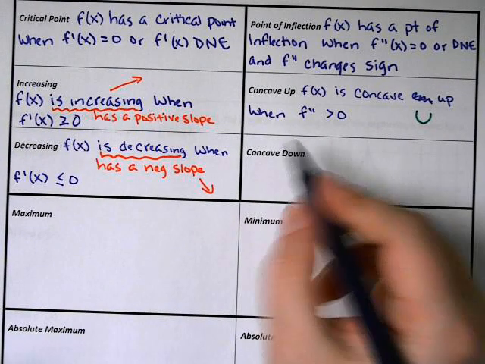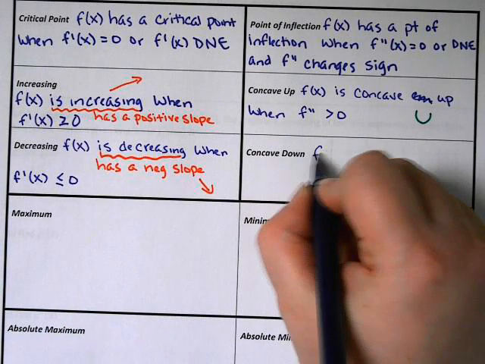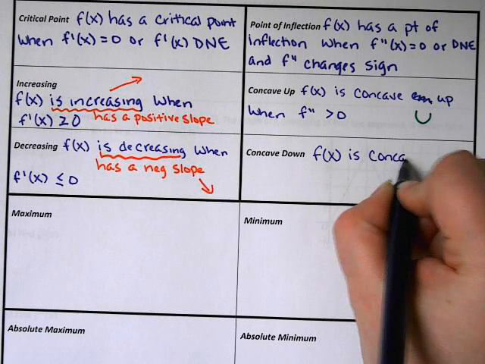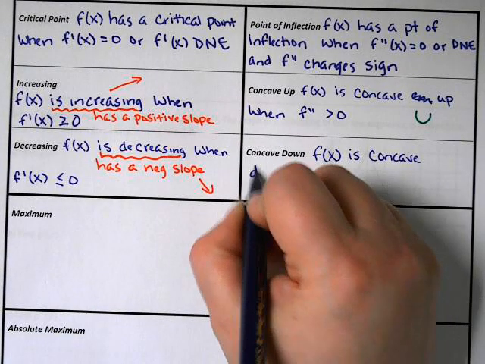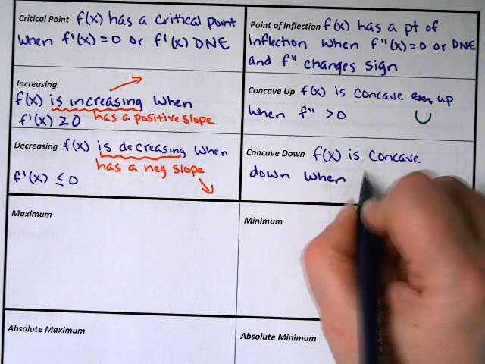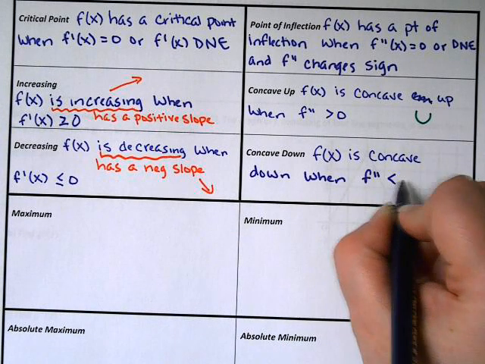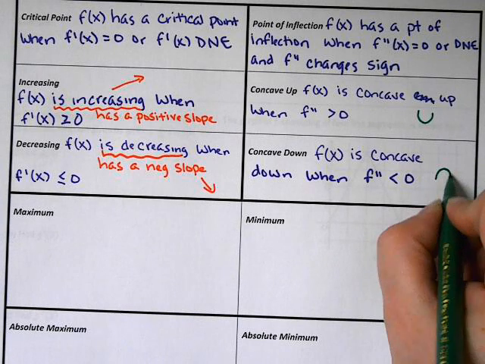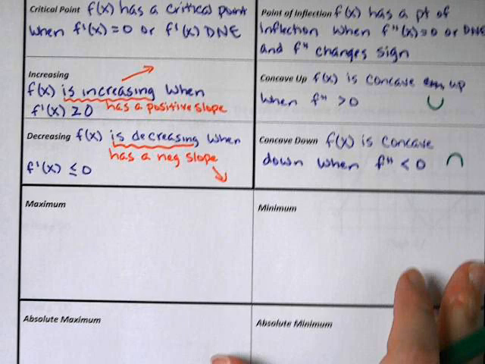And then we know that f of x is concave down when the second derivative, f double prime, is less than 0. For a function to be concave down, we know that it looks like a frown.